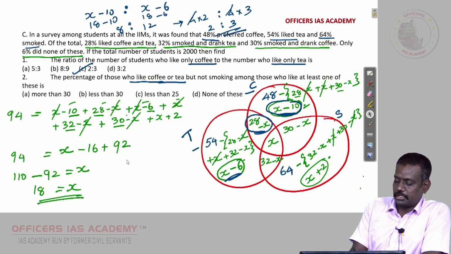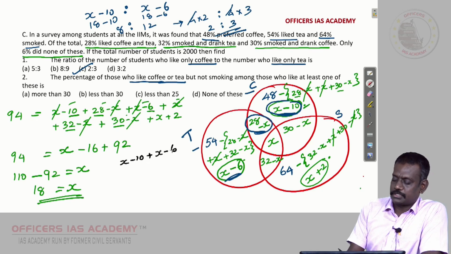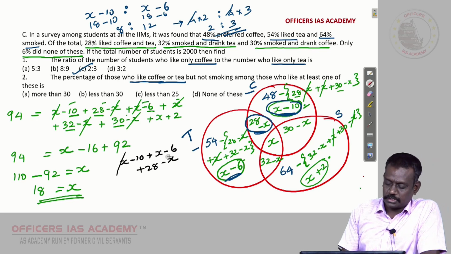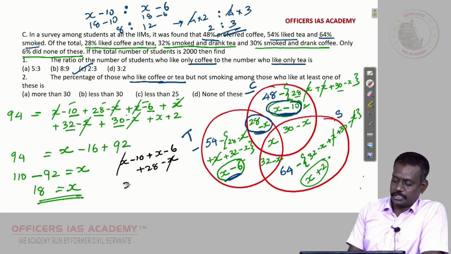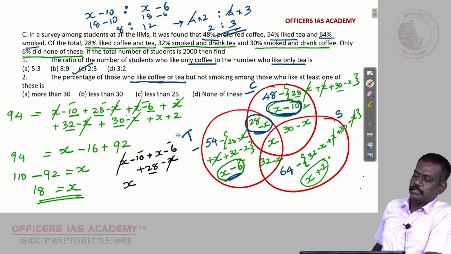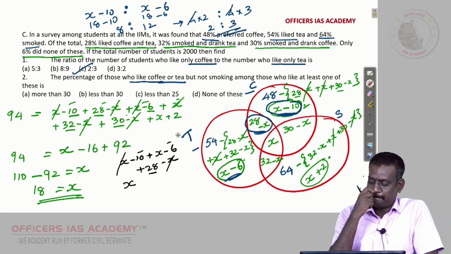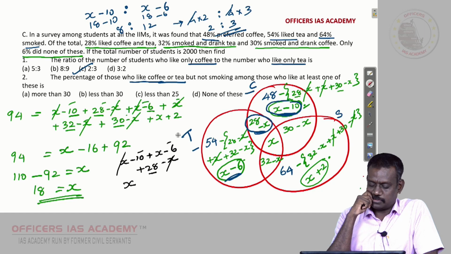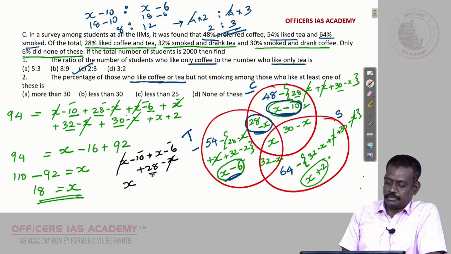So listen children, I will write it here. Only coffee is x minus 10 plus only tea is x minus 6 plus both is 28 minus x. Now simplify. So this plus x and minus x get cancelled. You will be getting x plus 28 minus 16, and 28 minus 16 you will get 12.